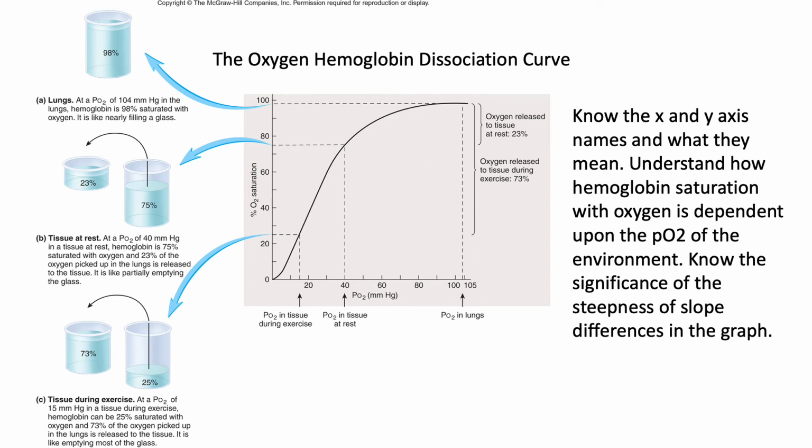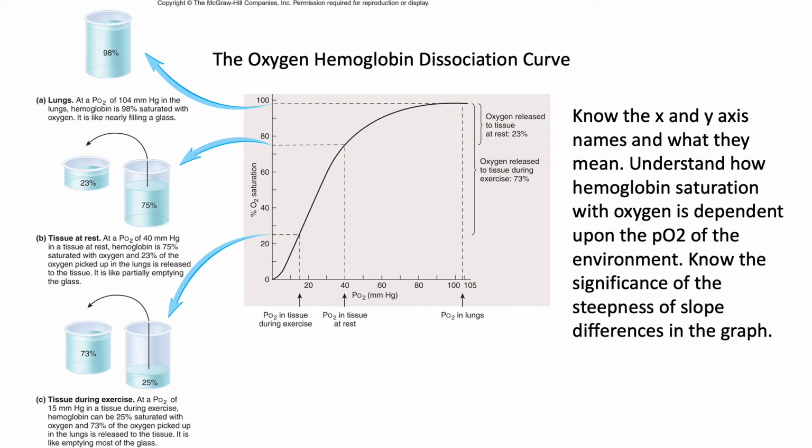Well, if you look at the curve, it is very steep in that region of PO2 along our x-axis. So when we get a change of PO2 from 40 to 15, we don't just drop off 23%. Now we are only about 25% saturated, so we have dropped off 73% of the 99% of oxygen that we were carrying.